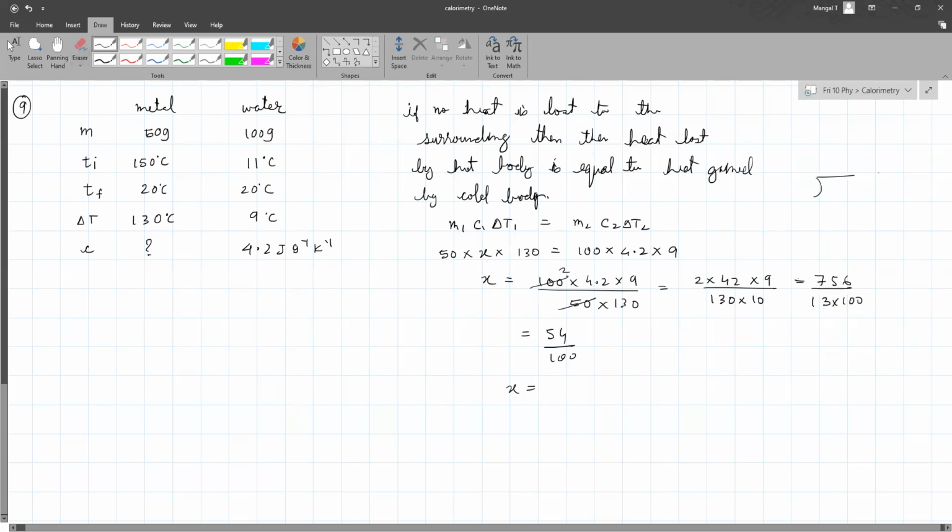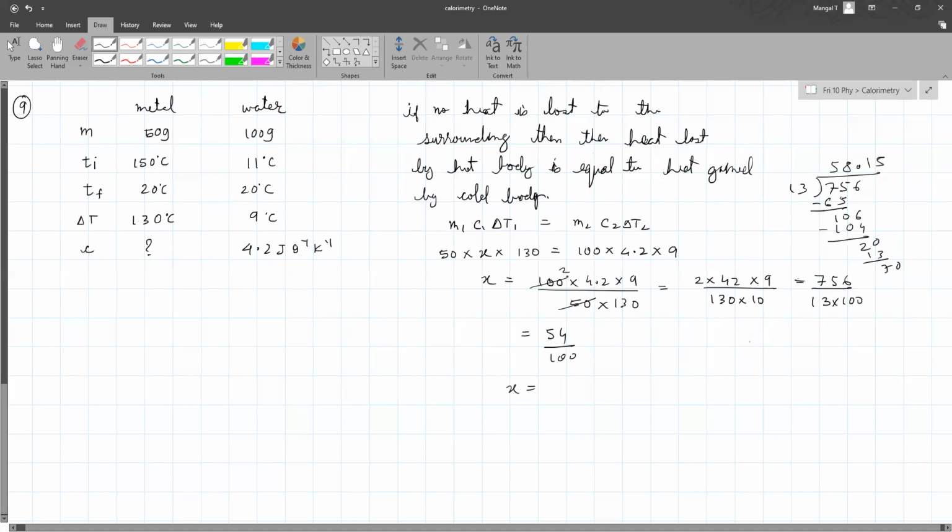Okay, so if we divide 756 by 13, so 13 5 will be 65, 106. So 13 into 8 will be 104. 1s are 7. That will be again 5.